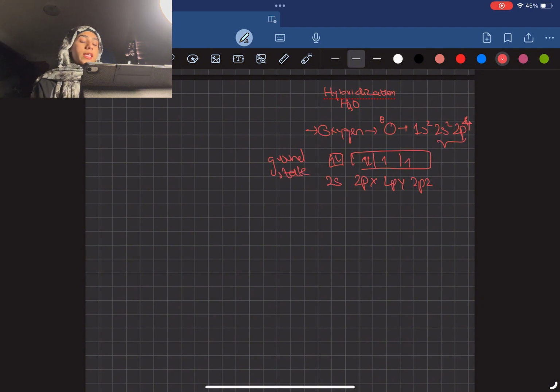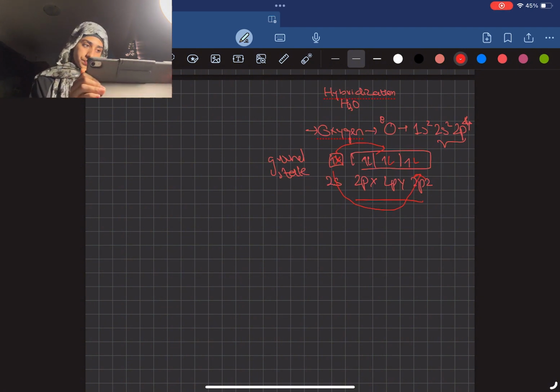Now over here, I cannot make an excited state because, well, I do understand that this is not the most stable, but if we were to shift one electron over here, this would only put one electron over here and remove this electron from here. However, this does not make it stable. This doesn't make my p orbital stable. And if you think, oh, I can move this other electron here and then this would be stable, well, no, because this wouldn't exist.